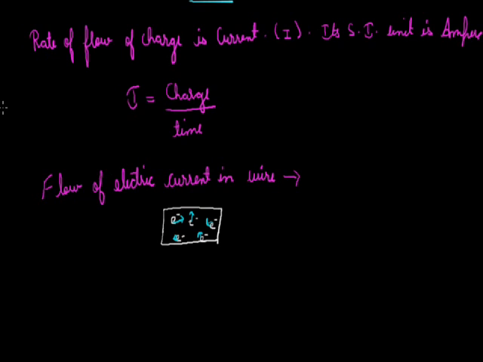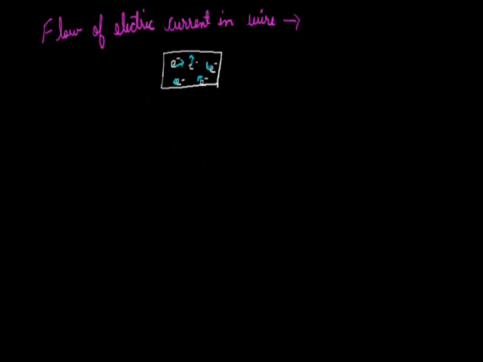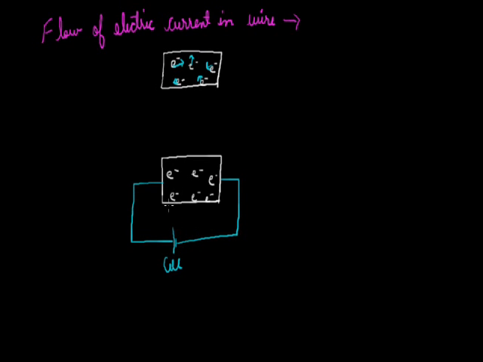But if this same piece of wire is connected in an electric circuit by using a cell, then the flow of electrons, which was random initially, will now be restricted in a particular direction due to the presence of the cell, as this end of the cell is positively charged while this end is negatively charged.